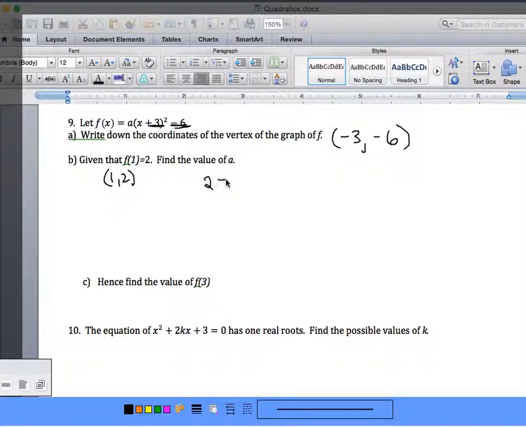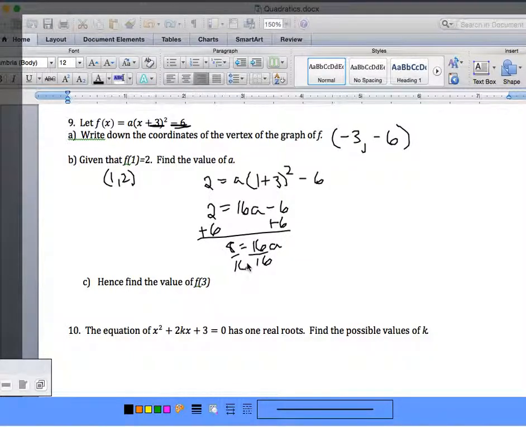Okay, so we can say 2 equals a times 1 plus 3 squared minus 6. So 2 equals 1 plus 3 is 4 squared, so we got 16a minus 6. Add that 6, so 8 equals 16a, so a equals 1/2.